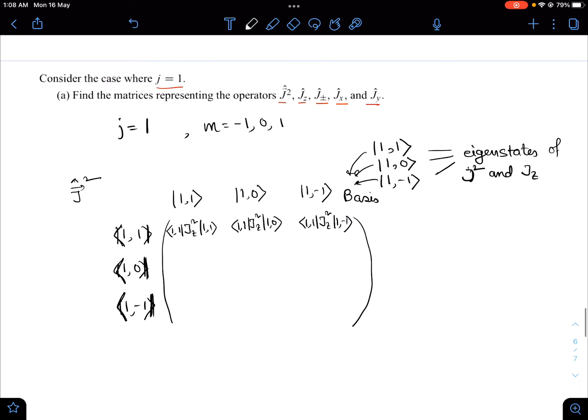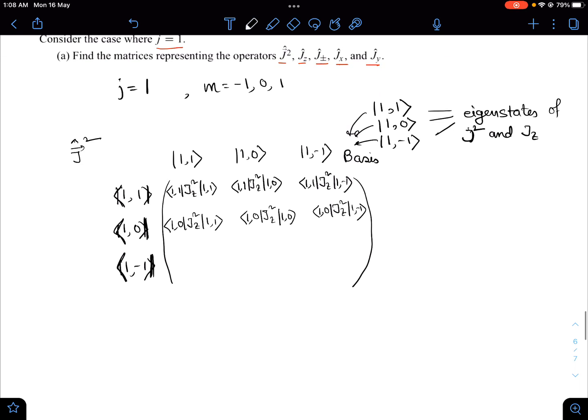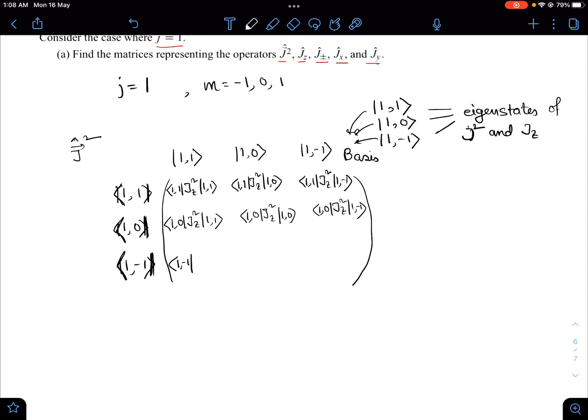Similarly we write all the rest: <1,0|jz squared|1,1>, <1,0|jz squared|1,0>, <1,0|jz squared|1,-1>, and for the last row <1,-1|jz squared|1,1>, <1,-1|jz squared|1,0> and <1,-1|jz squared|1,-1>.